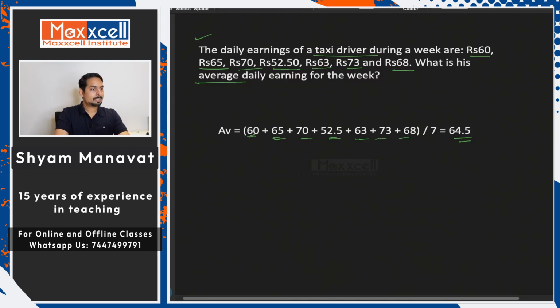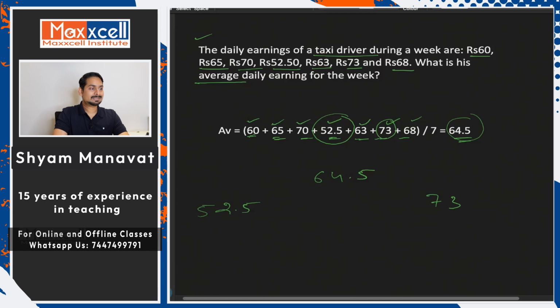Right. Now if you look at this 64.5 and the minimum value amongst them, which is the smallest value? The smallest value is 52.5 and the biggest value, the greatest number, is 73 here, right?